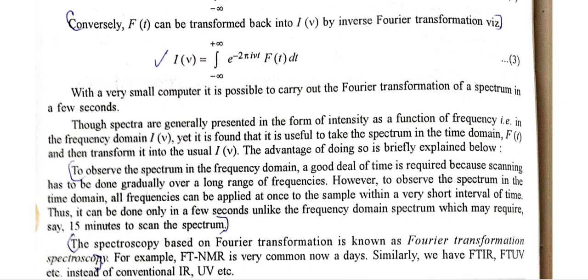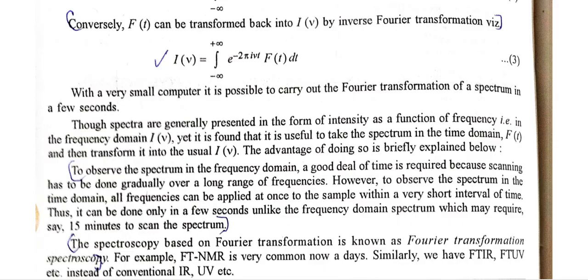Though spectra are generally presented in the form of intensity as a function of frequency, in the frequency domain I(ν), yet it is found useful to take the spectra in the time domain and then transform it into the usual I(ν). The advantage of doing so is briefly explained below.